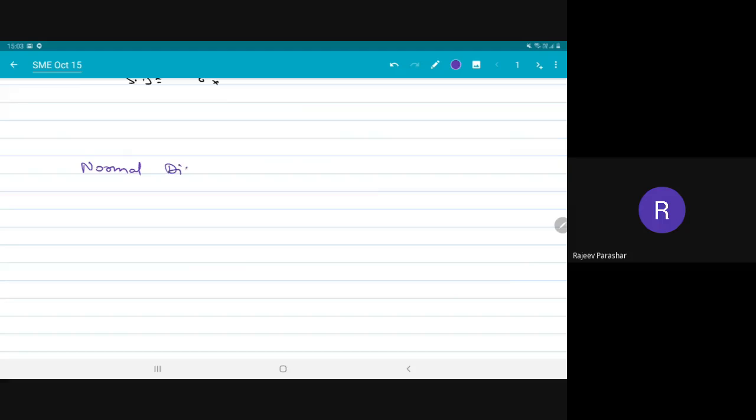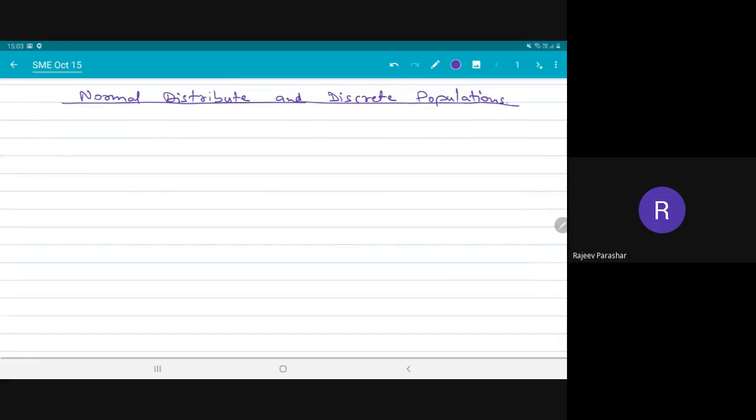to another section, which is normal distribution and discrete populations. Many discrete populations can be approximated by a normal distribution. So we'll take an example of binomial distribution.